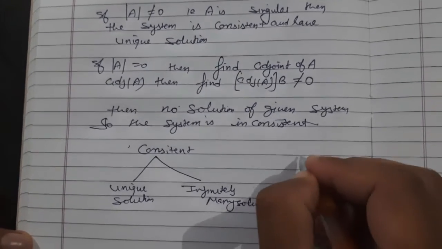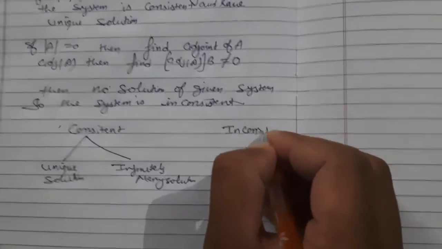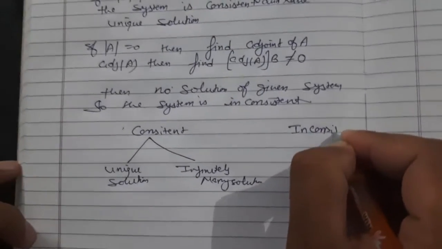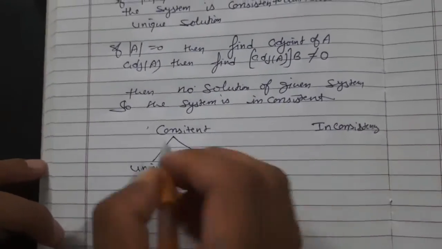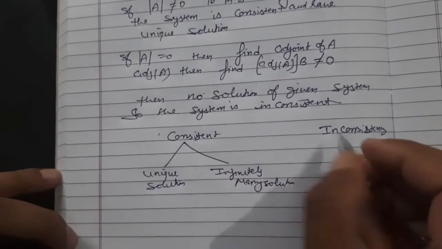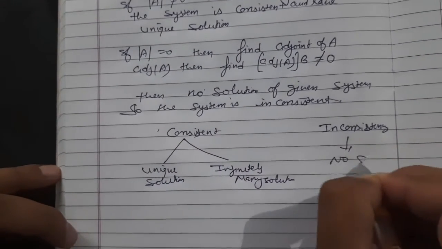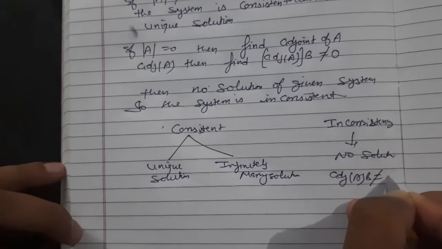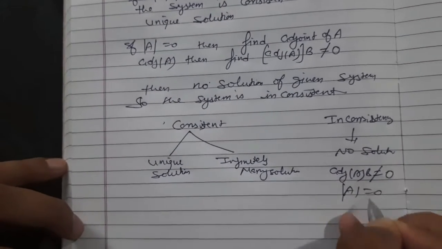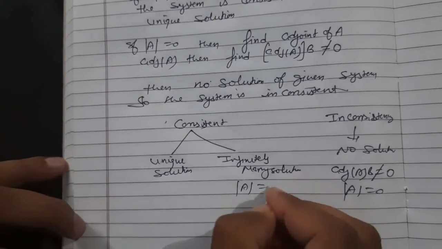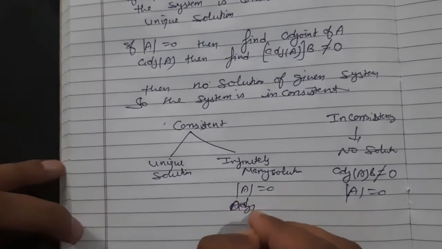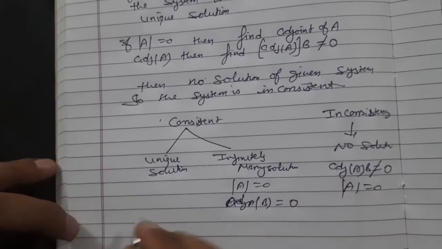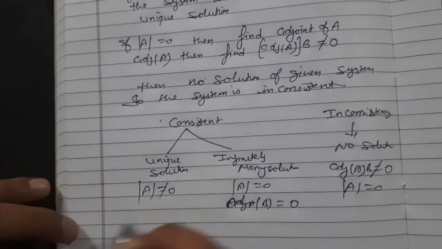And there is only one condition for inconsistency, that is no solution. In that case, the adjoint of A into B is not equal to 0, but the determinant of A is equal to 0. In the case of infinitely many solutions, the determinant of A is equal to 0 and the adjoint of A into B is equal to 0. And in the case of a unique solution, the determinant of A is non-zero.